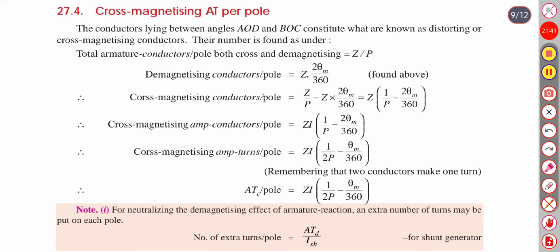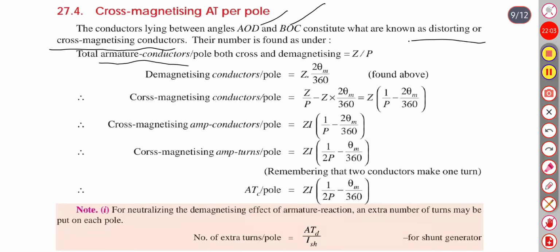Now we will calculate the cross magnetizing ampere turns per pole. Conductors lying between angle AOD and BOC constitute what are known as distorting or cross magnetizing conductors. Their number is found as follows.